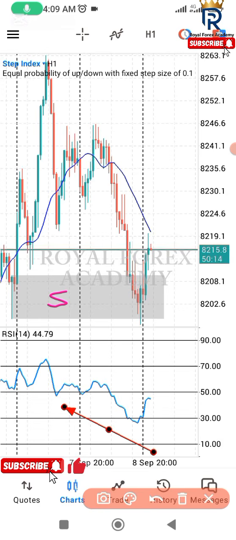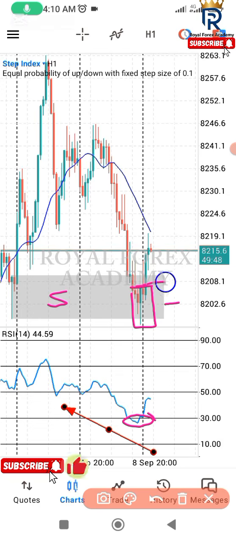You can see that we are combining this with our price action. When price came to this support zone, the RSI was at the level of 30. And we have this bullish engulfing, this bullish hammer. You can see that hammer and that engulfing candle.